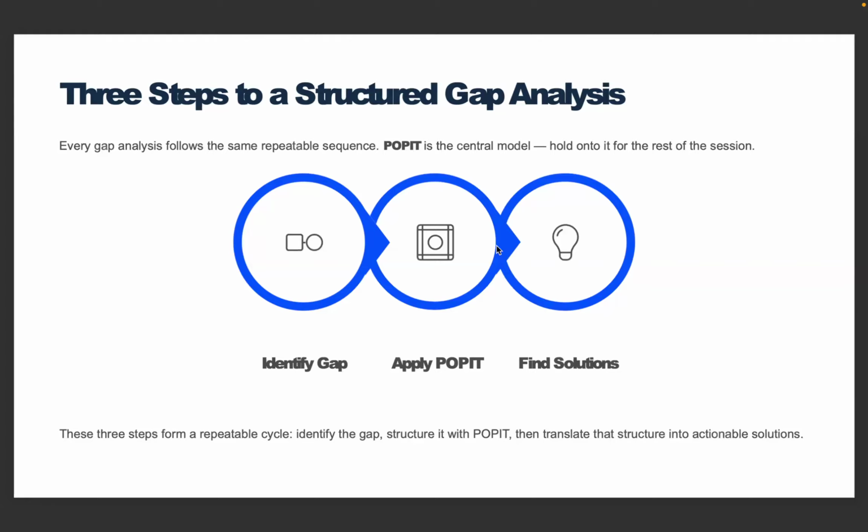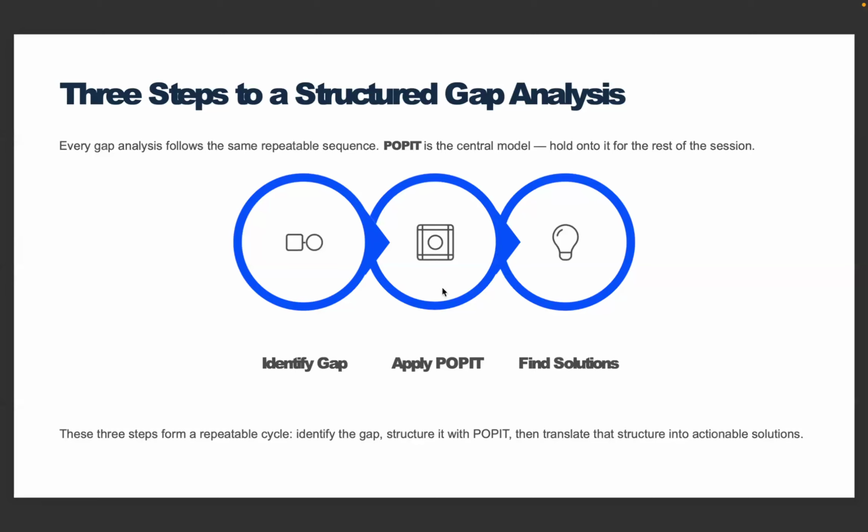And then sometimes it could be technology, sometimes it could be the processes being used, sometimes it could be people, and also it could be the organization itself. That's why we need to apply POPIT model. And then finally, we need to understand the gap. Then we can go ahead to think about the possible solution.